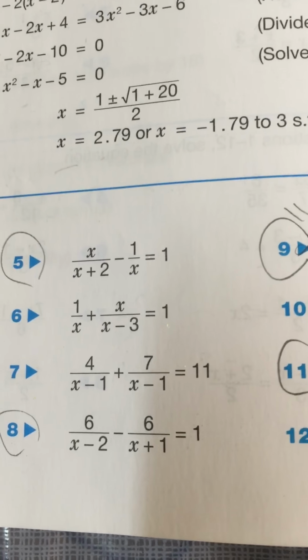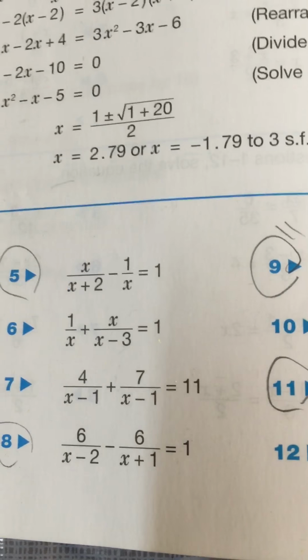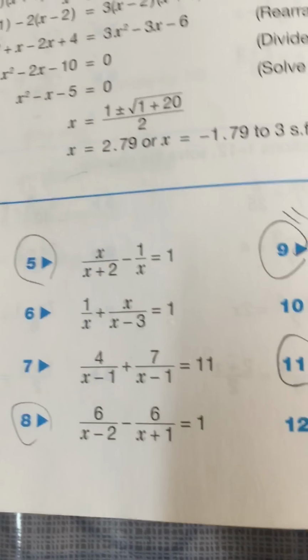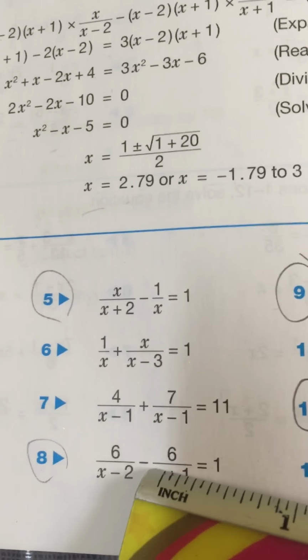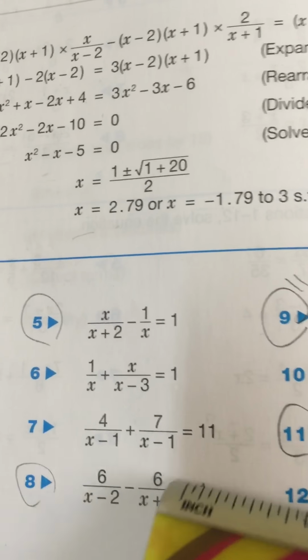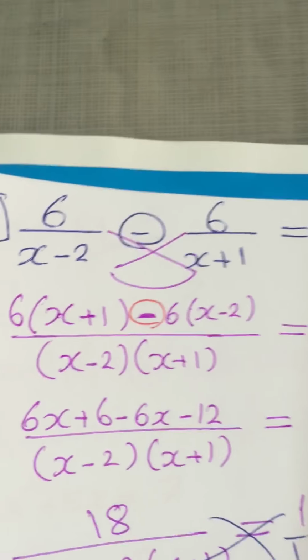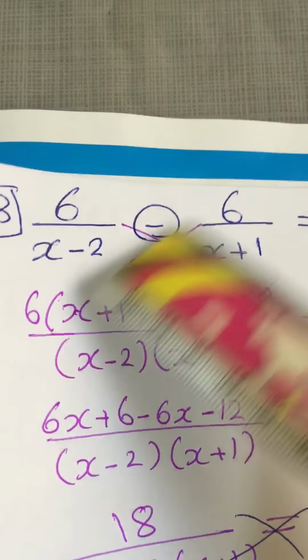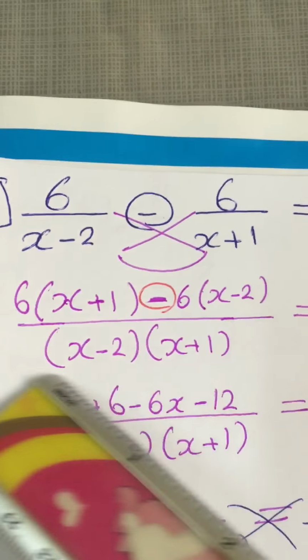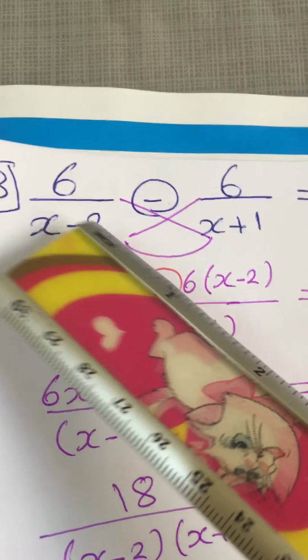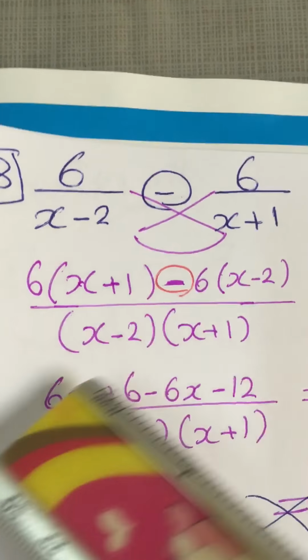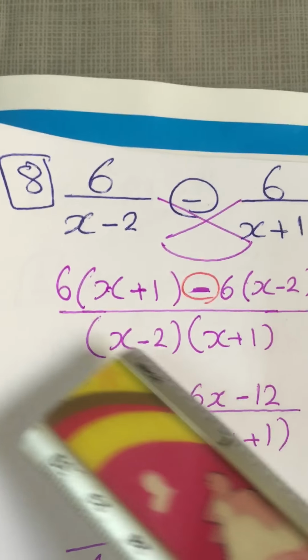I chose all the problems with subtraction, not addition, because the problem in subtraction is that the negative sign changes the sign of the second fraction. Let's see. Here I'll make my cross multiplication to make the common denominator. I have x minus 2 times x plus 1, putting each one of them between brackets.